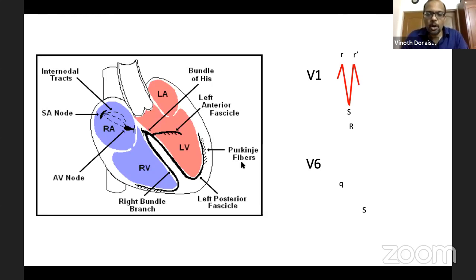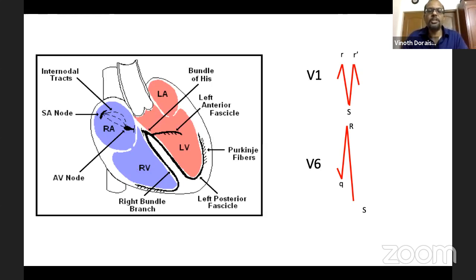Then now the same thing when coming towards V6. As I said, the right bundle branch is blocked. So now the impulse comes down the left bundle branch. Then the septal depolarization happens normally. So V6 is a left-sided lead, so the normal septal depolarization will be there, which is the Q wave. Then after that, the left ventricle depolarizes normally, so it's a tall R wave. And then after that, the right ventricle depolarization happens abnormally by cell-to-cell conduction, which is delayed.